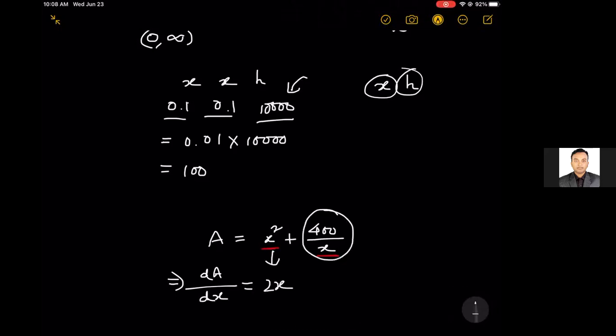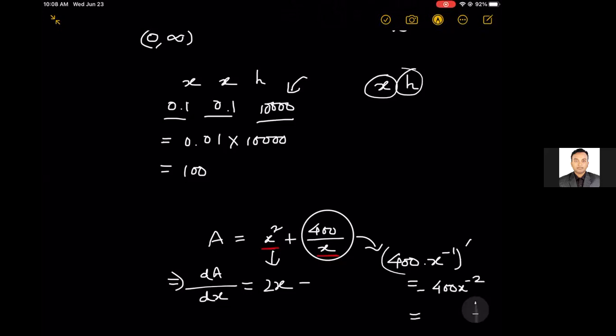Now what's the derivative of 400 over x? Can anyone do this for me? Negative 400 over x squared. Very good. So we can actually rewrite this 400 over x as 400 times x to the negative 1, right? And then using the power rule, the derivative of this will be negative 400 times x to the negative 2.